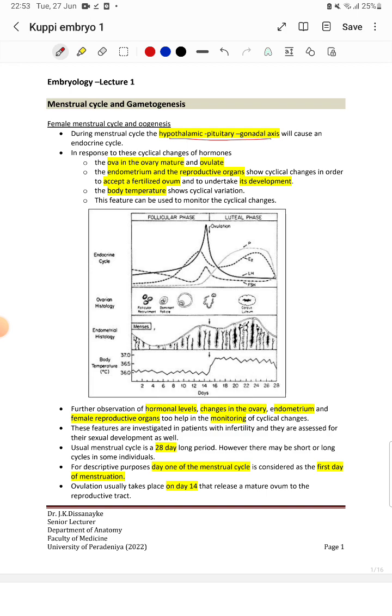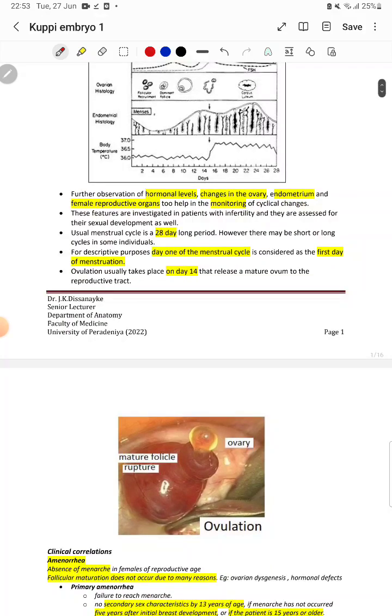It's very important to monitor these changes, so you can get a brief overview of what stage of the menstrual cycle you are in, and also help you plan for the future as well. Typically, for infertility, you have to assess these important aspects: the hormonal levels, the changes in the ovary, the endometrium, and the female reproductive organs.